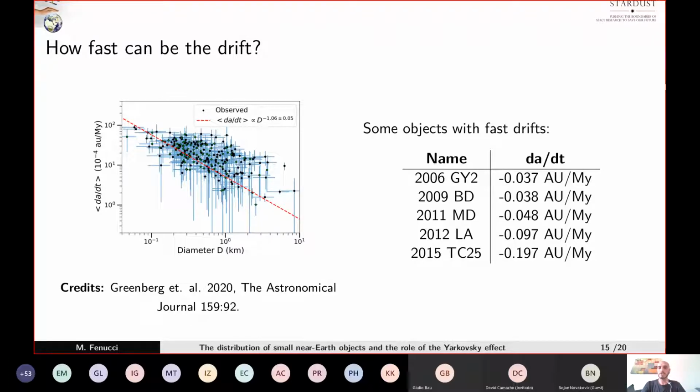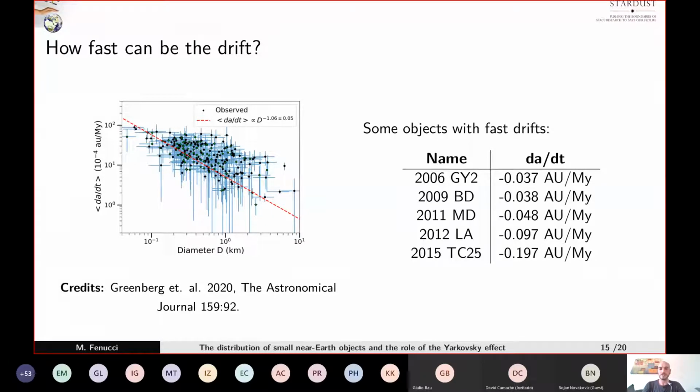And also looking at the databases of measurements of the Yarkovsky drift, we can find actually some objects with a fast Yarkovsky drift of the order of 0.04, 0.05, 0.01, and there are also very small objects for which the magnitude is almost 0.02 astronomical units per million year.